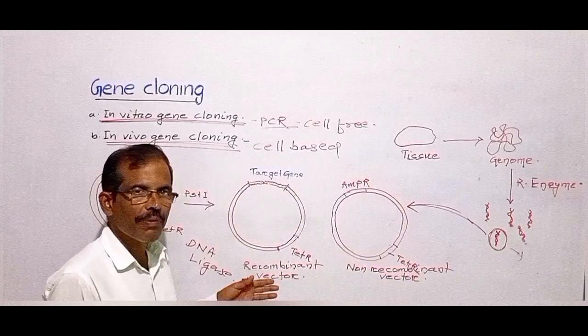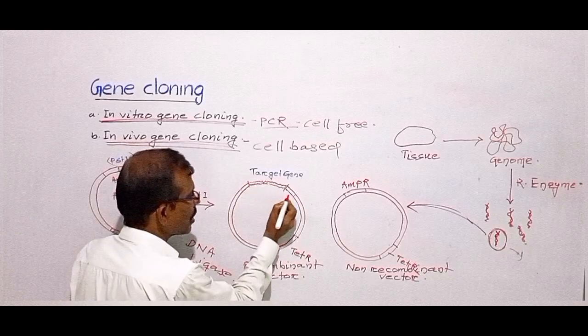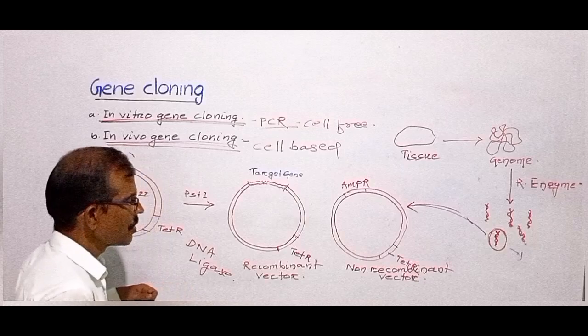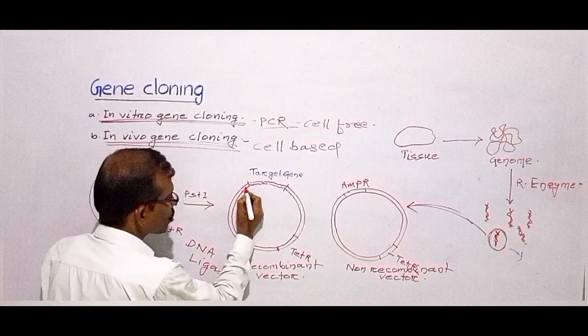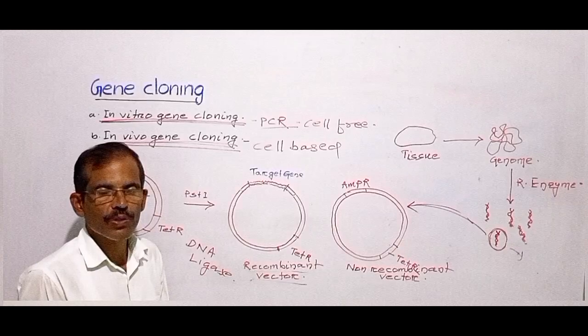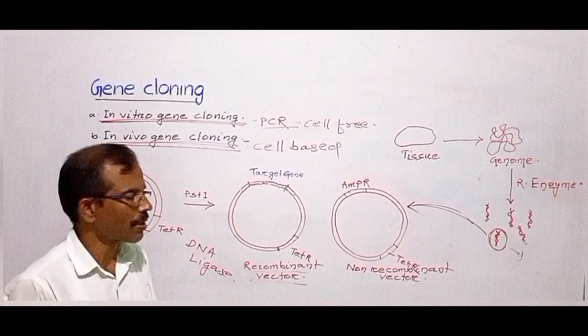In the recombinant vector, due to the insertion of the target gene within the gene for ampicillin resistance, the structure and function of this gene is disrupted. This process is known as insertional inactivation.